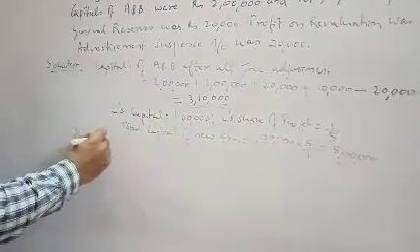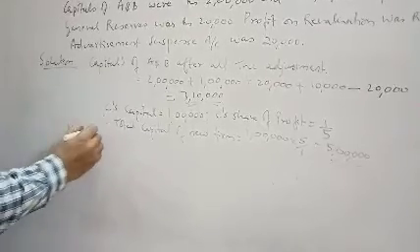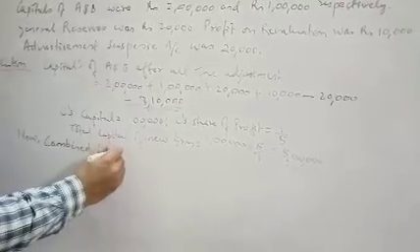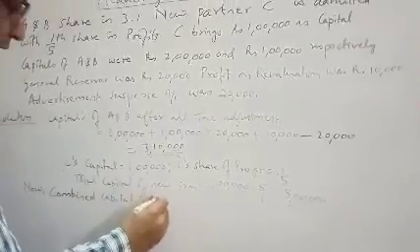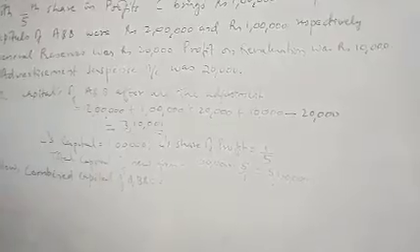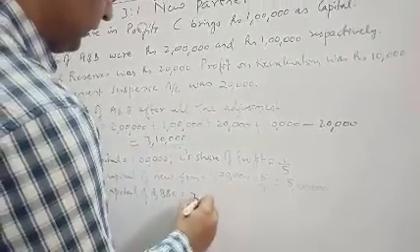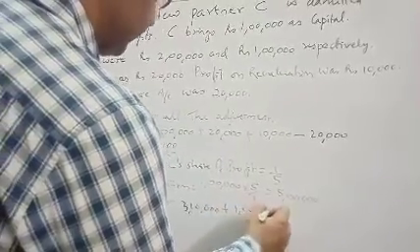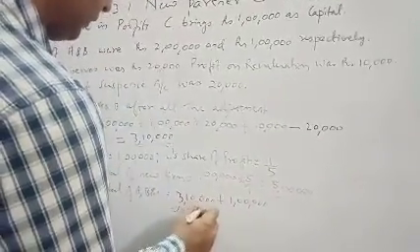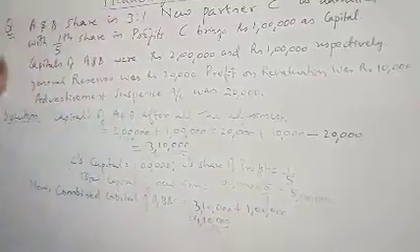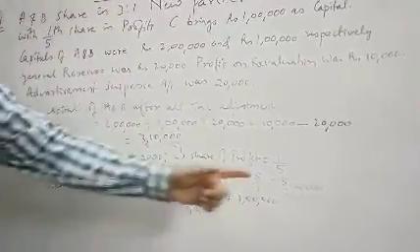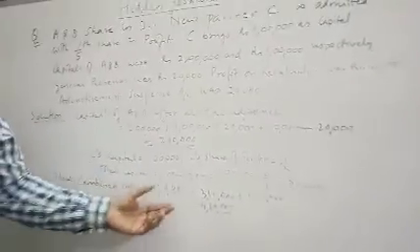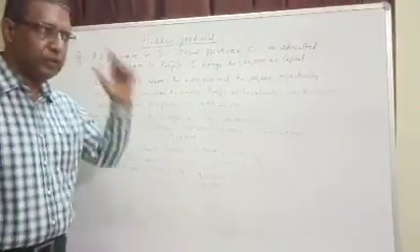Now the value of goodwill. The combined capital of A, B and C: A and B combined capital is 3 lakh 10,000 plus C's capital 1 lakh, which is equal to 4 lakh 10,000. As you see, the total capital of the new firm is 5 lakh, but after all the adjustment, capital of A, B and C is 4 lakh 10,000.